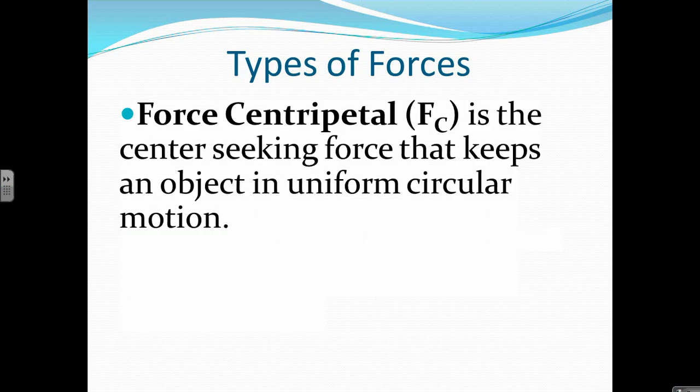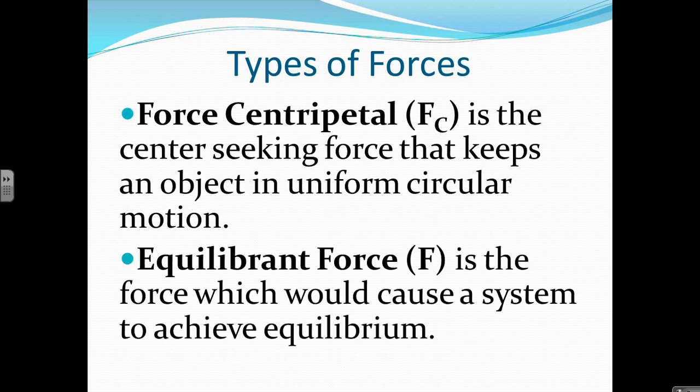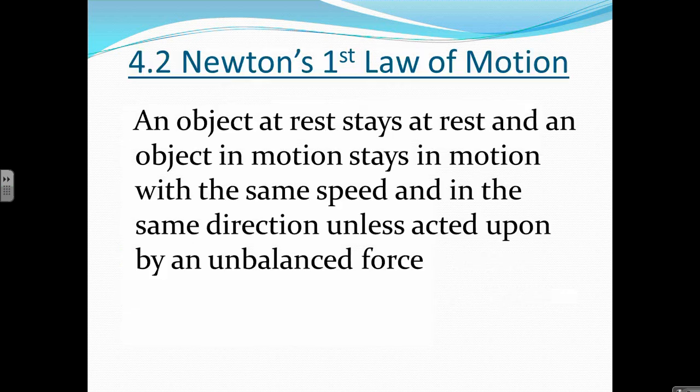Centripetal force is a center-seeking force that keeps an object in uniform circular motion. We'll talk about this in future units. And lastly, the equilibriant force is the force which would cause an object to achieve equilibrium. Each one of these forces we'll look at at some point, but I want you to have a name for these forces as we start to talk about them.